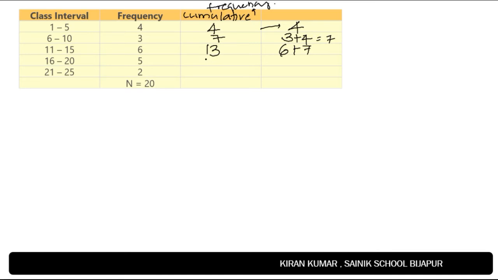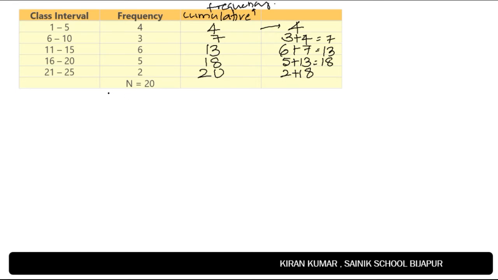Next is 18, which is obtained by adding 5 to 13. Next is 20. This is obtained by adding 2 to the sum of the preceding frequencies. So we have found the cumulative frequencies.